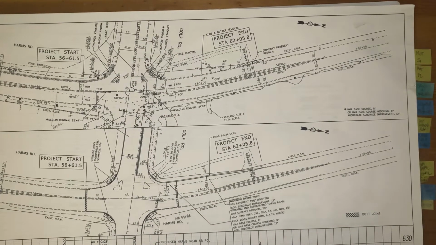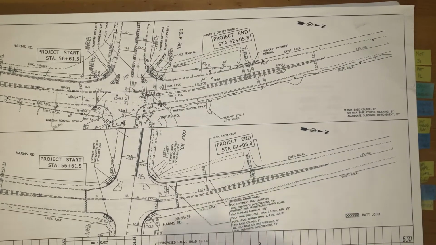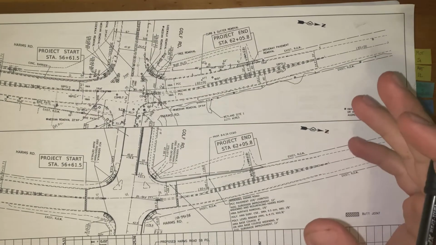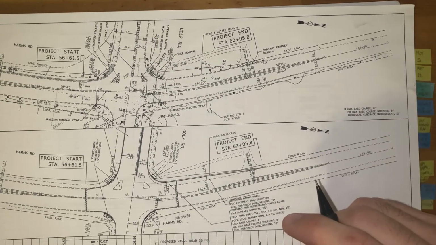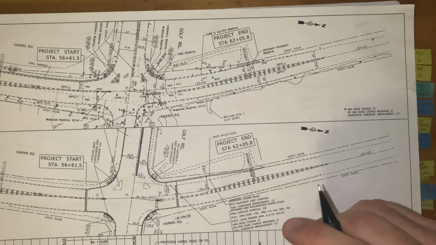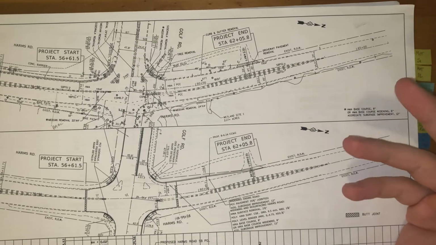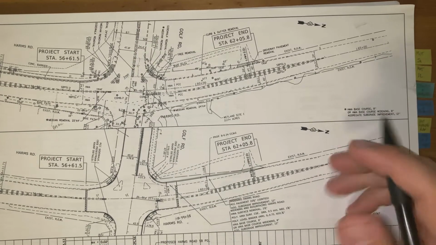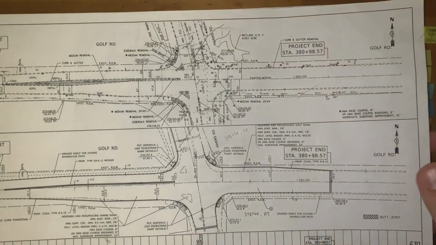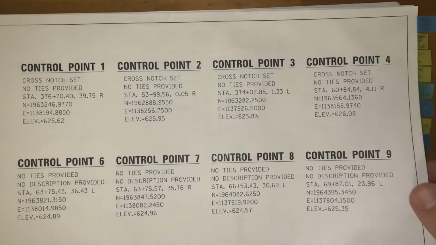A quick tidbit about how to find stations in the field if they're not already staked out, surveyed, or written down for you anywhere: GPS or a site positioning system can be used to determine the stationing, or on the plans you'll be given a sheet that indicates benchmarks or control points.